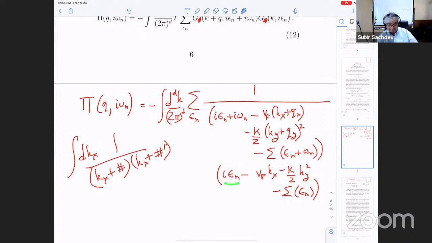And it's also in the upper half plane here. So then I can just close the contour in the lower half plane. If these are both imaginary numbers and they are both in the same half plane, then this integral is 0. So the only way the integral is non-zero is if these two terms have opposite signs. And then you can do the integration.